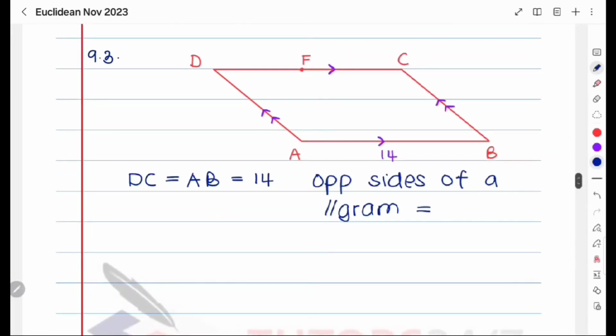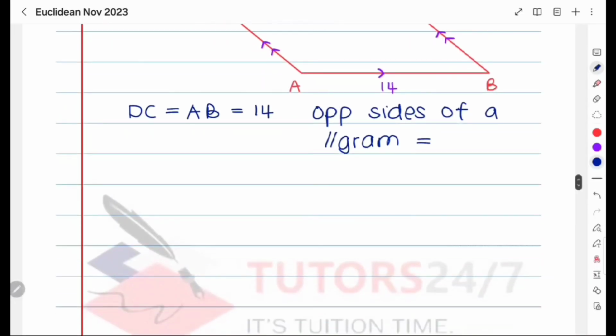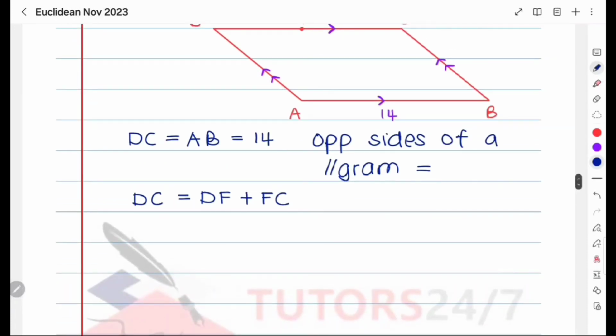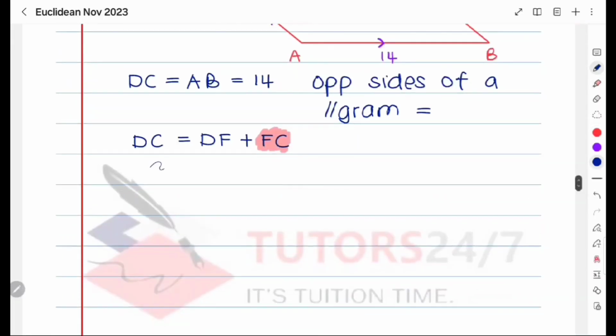Now, we also know that the side DC is broken up into two pieces, DF and FC. So from there, we can create the equation DC is equal to DF plus FC. And we are looking for FC, and DC is known. So let us substitute DC as 14.